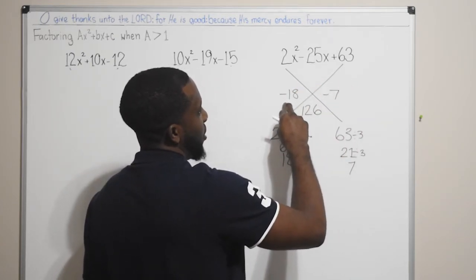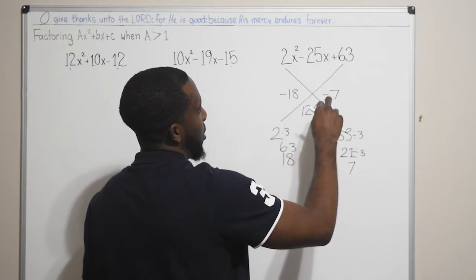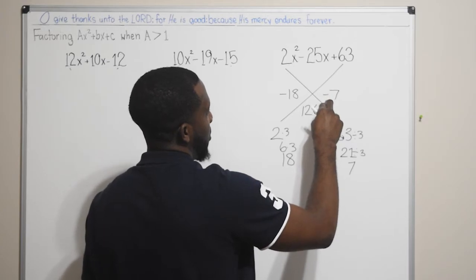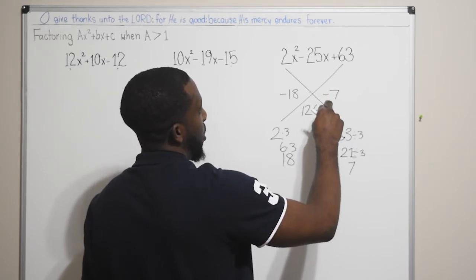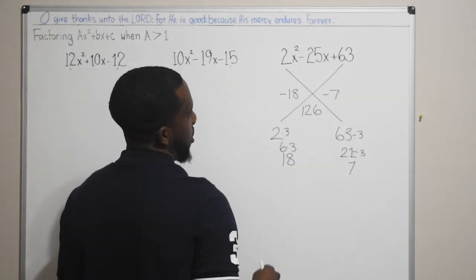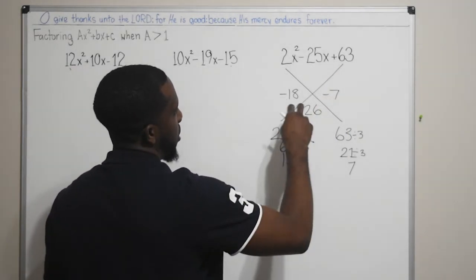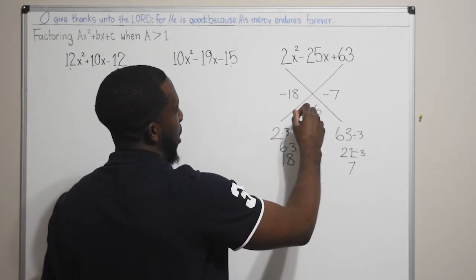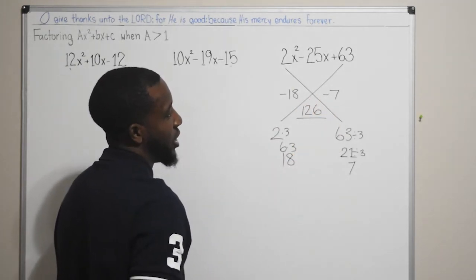Negative 7 times negative 18 equals 63? Is that right? No. Negative 18 times negative 7 equals positive 126.